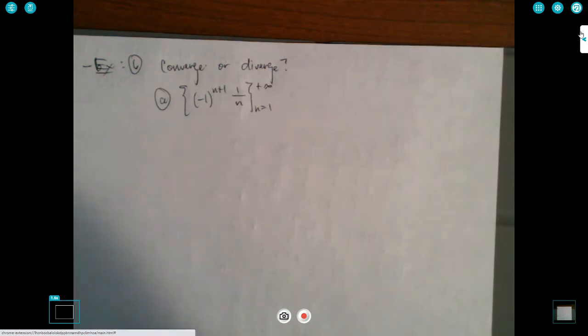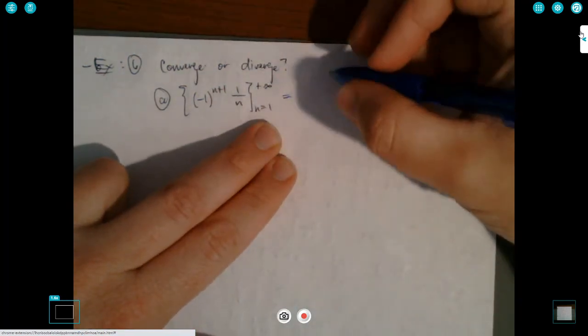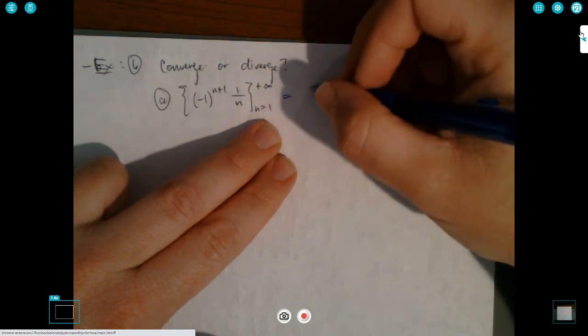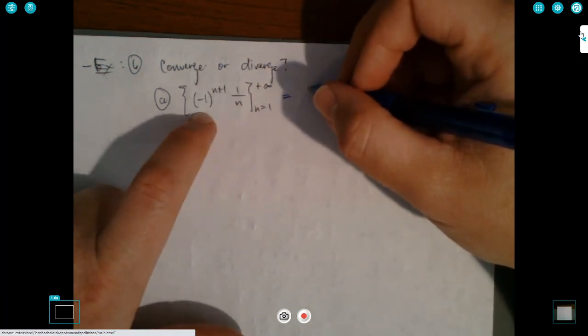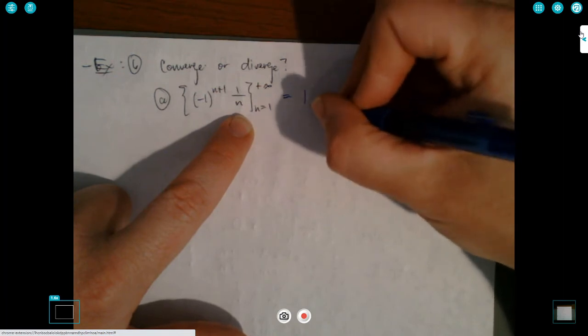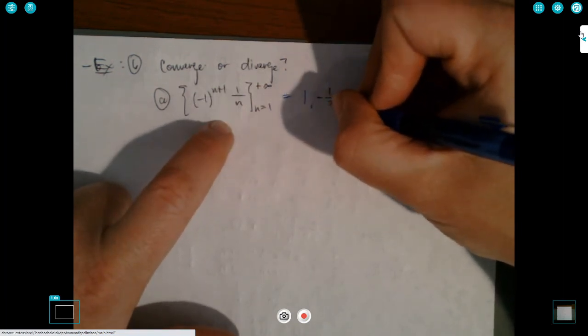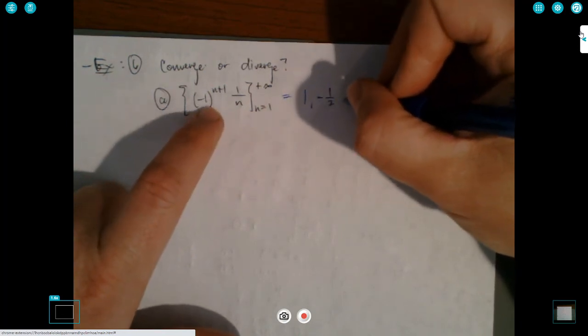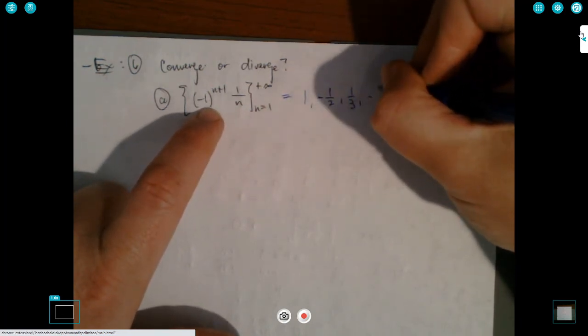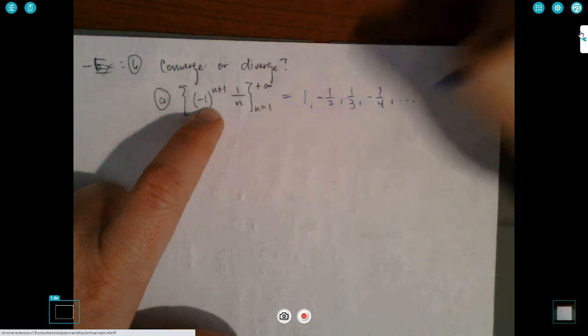First of all, if you were to write out some of the terms of this sequence, it would look like this. If you plug in 1, you're going to get a positive 1. If you plug in 2, you're going to get a negative 1/2. If you plug in 3, you're going to get a positive 1/3. So you can kind of see how this is going.